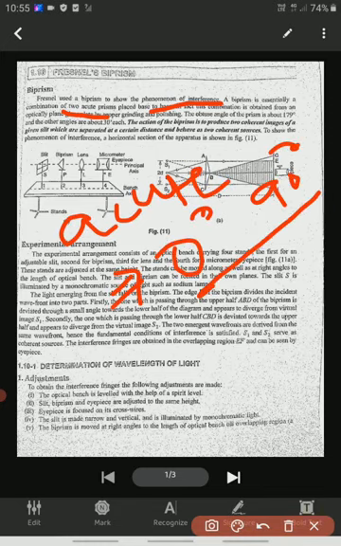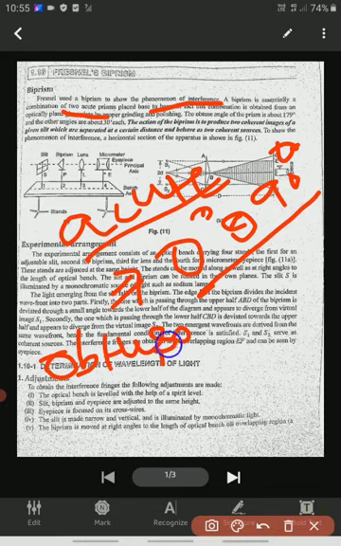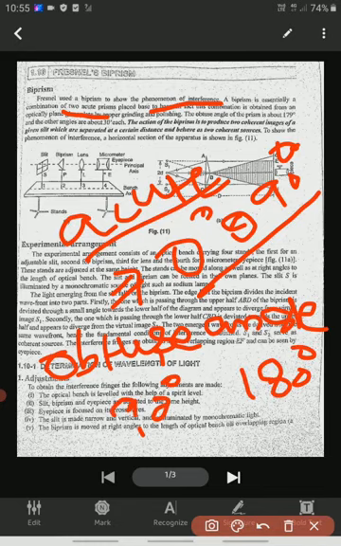An obtuse angle is an angle between 90 degrees and 180 degrees.